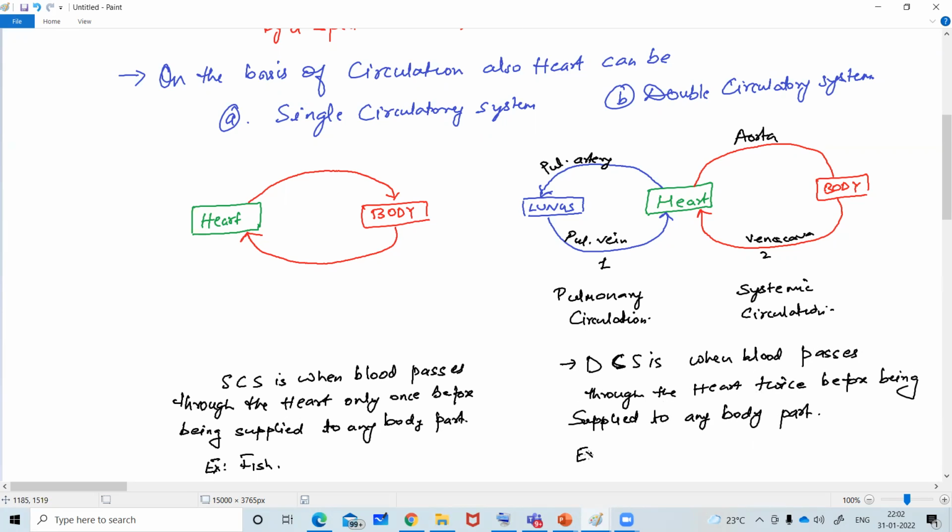So if you want to give an example, except fish, whatever vertebrates are there, they all have double circulatory system. So you can say amphibians, reptiles, birds, and mammals. So these are a few examples which show double circulatory system, and fish is an example which shows single circulatory system, right?